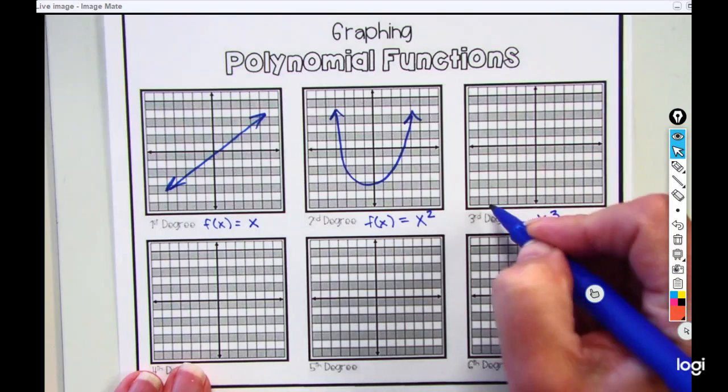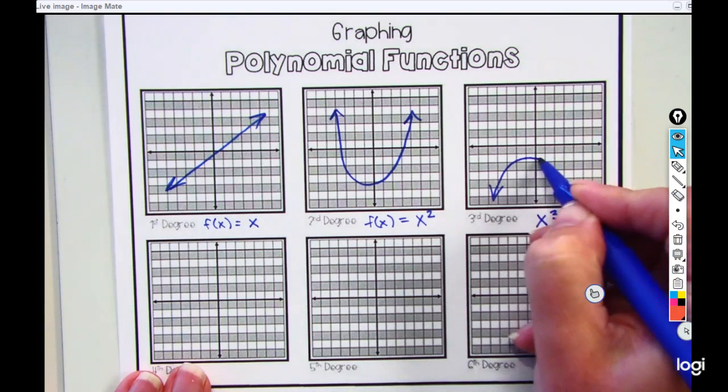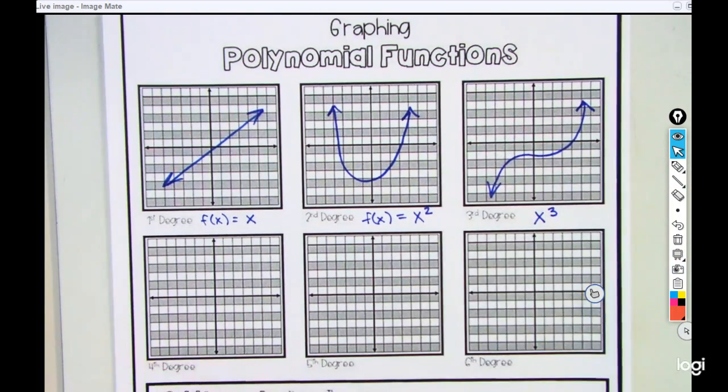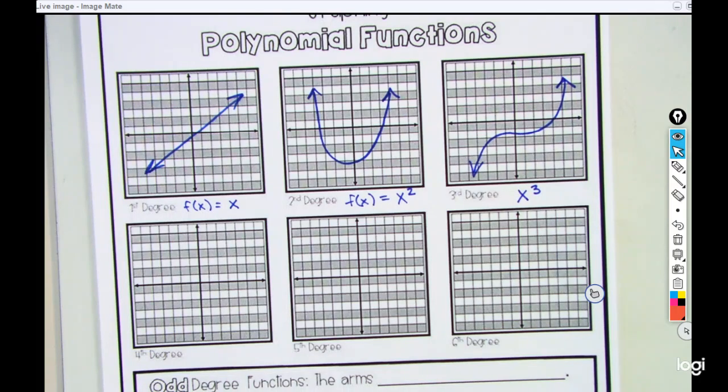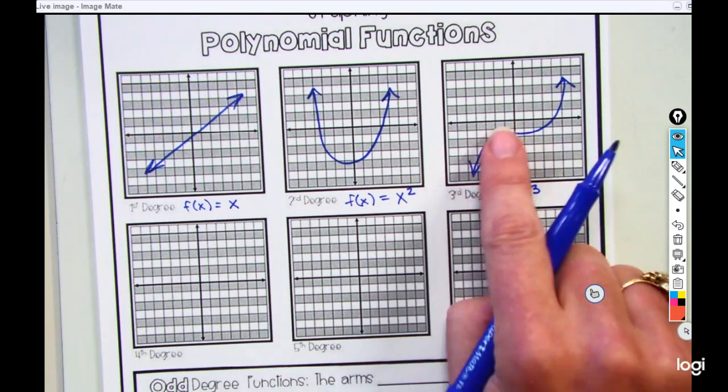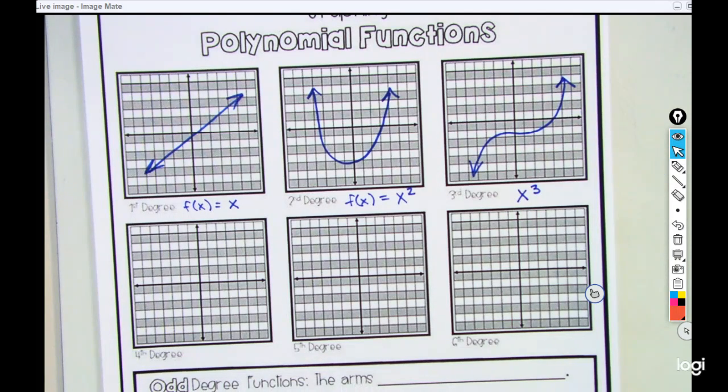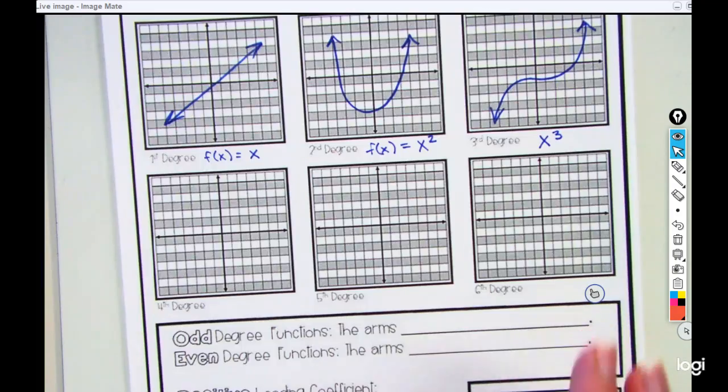Degree 3 looks something like this. And it does not need to match mine exactly. The arms need to be going in the same direction, and there does need to be a turn for those arms to be going in the same direction. All right, degree 4.